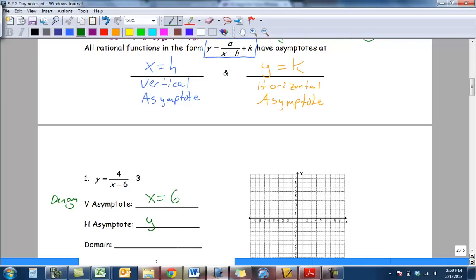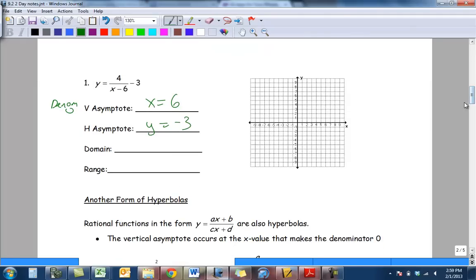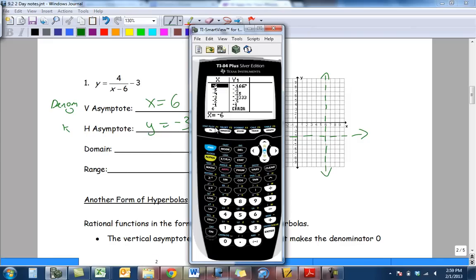In this case, it's y equals, plus k here is minus 3, so negative 3. All right, so we've got our two asymptotes. X is equal to 6. That's going to be a vertical line like this. And y is equal to negative 3. That looks like that.